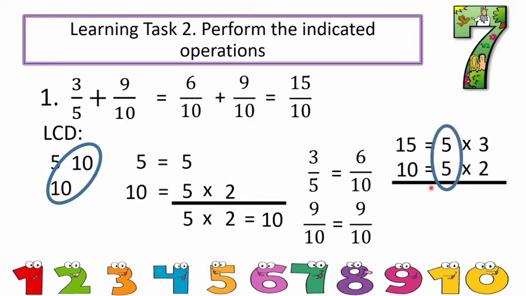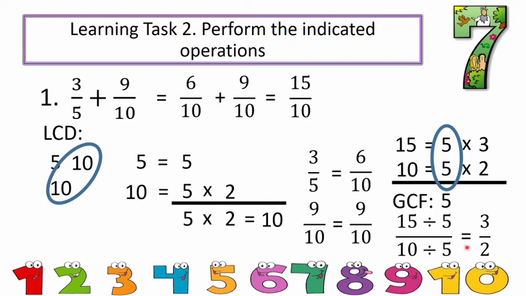Remember that if we're getting the GCF, we get the similar factors wherein we have 5. So the GCF is 5. So we just simply divide the numerator and the denominator by 5. So 15 divided by 5 over 10 divided by 5 is equal to 3 over 2. So therefore, the lowest term of 15 over 10 is equal to 3 over 2.